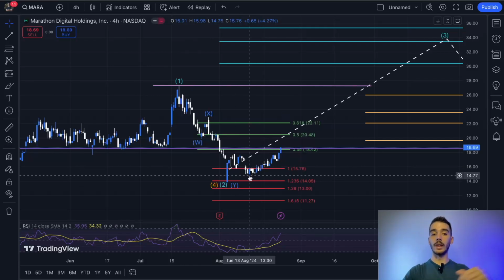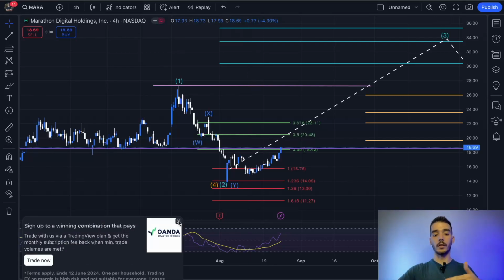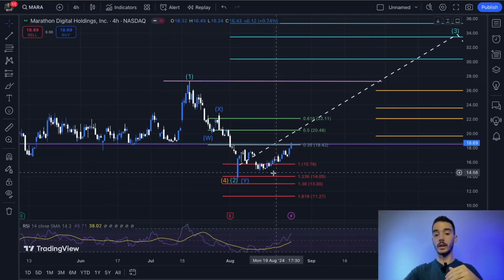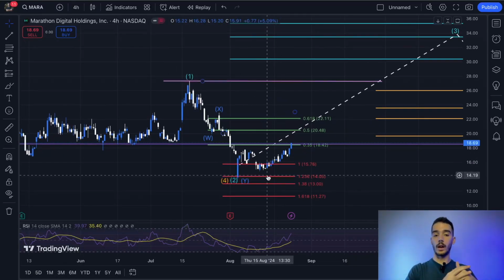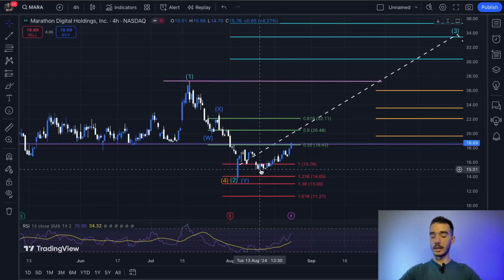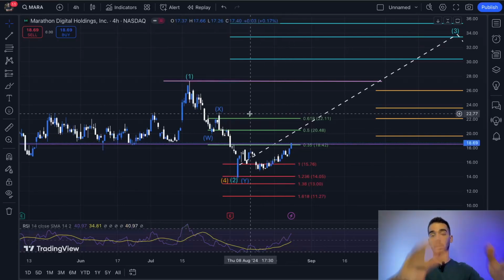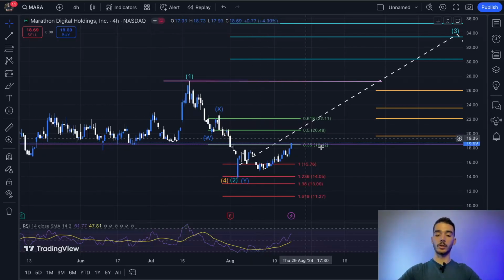This is where I'm looking to lightly begin accumulating Mara, just because the potential of prices continuing to sell off is very possible, because within this level we still don't have any sign of a bullish reversal. Just because prices did go up recently does not mean this is enough to consider a bullish reversal to have begun. This could easily just be a corrective rally within a bearish structure.